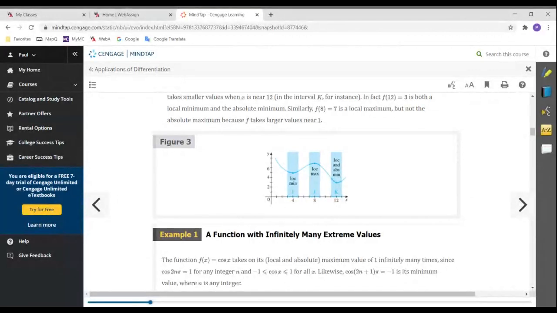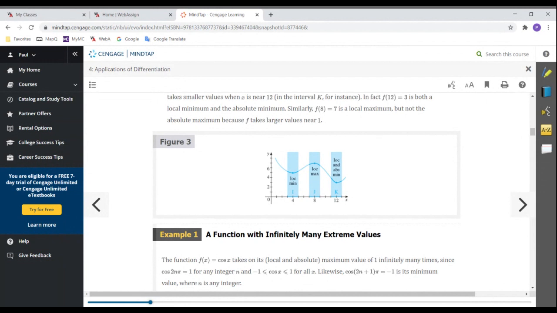So in figure 3, you can see the local min and local max. Around x equals 4, the local minimum is at x equals 4. And around x equals 8, the local maximum is at x equals 8.